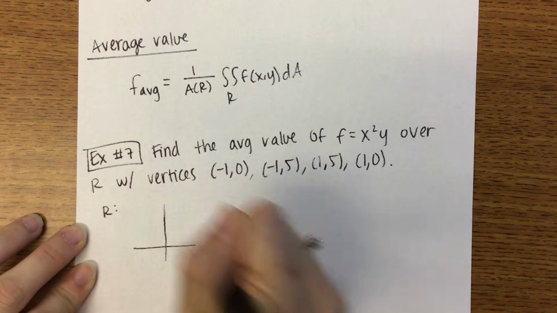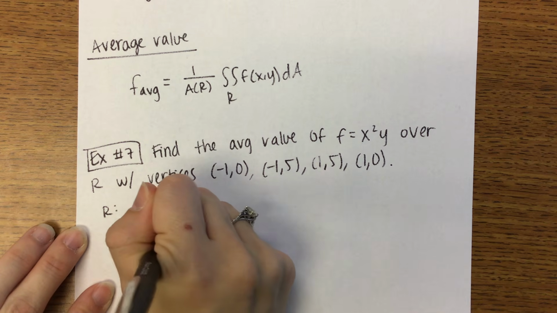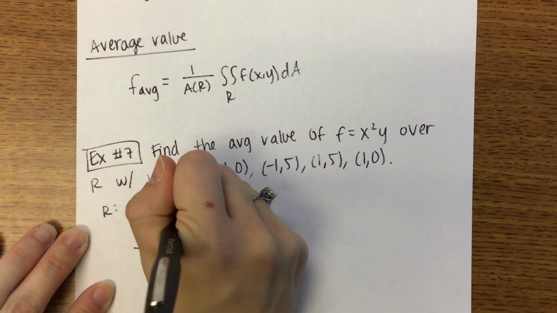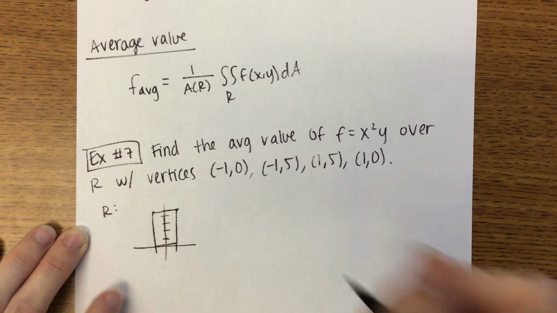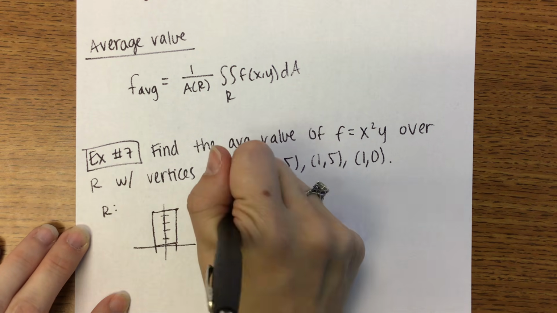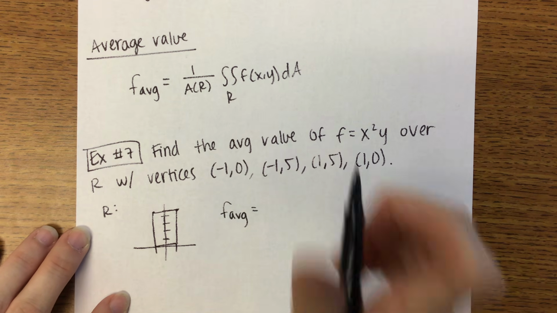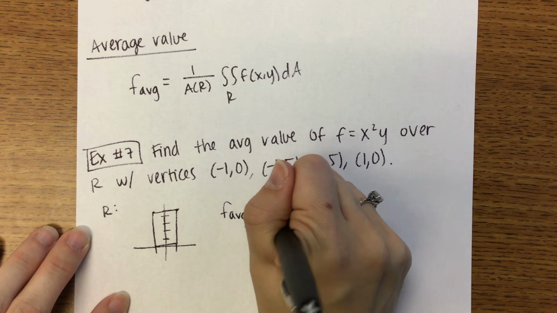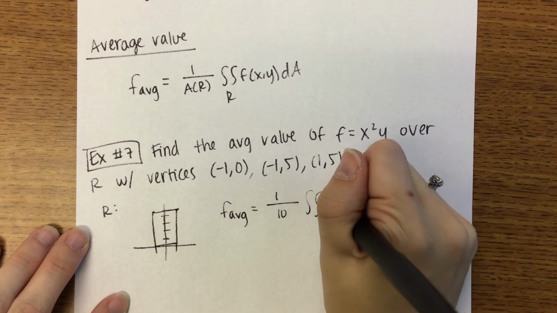So I'm going to sketch us out this region R. So average value then, 1 over the area of R, in this case a rectangle, so 2 times 5. And then we have f of xy, so x squared y.